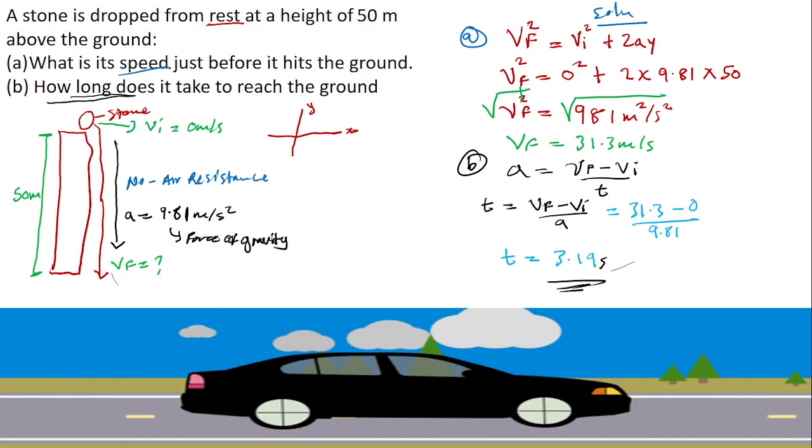So we have the acceleration due to gravity, which some books write as g, and it is equal to 9.81. That's the value of the acceleration due to gravity.